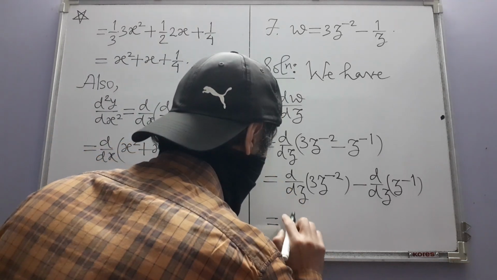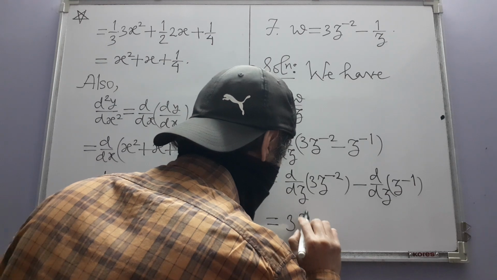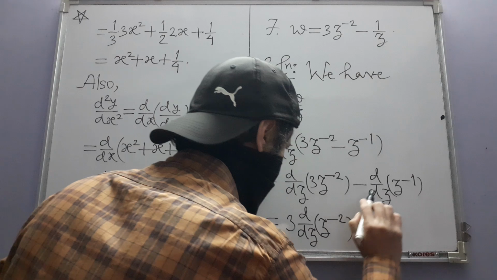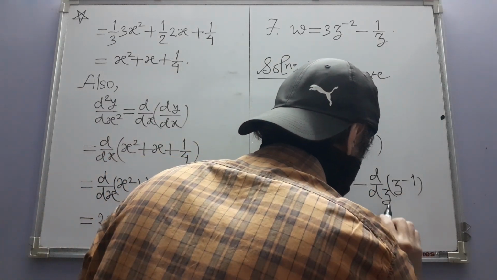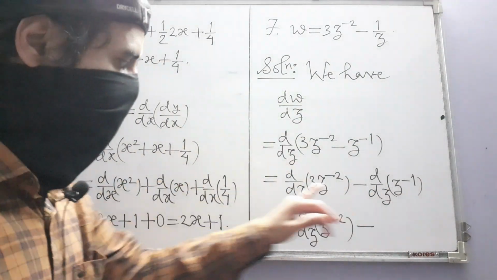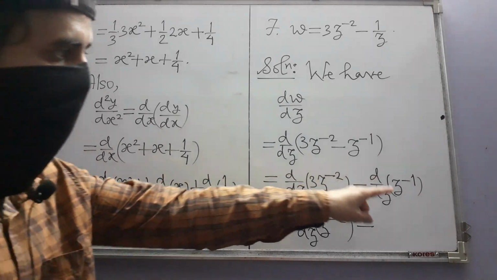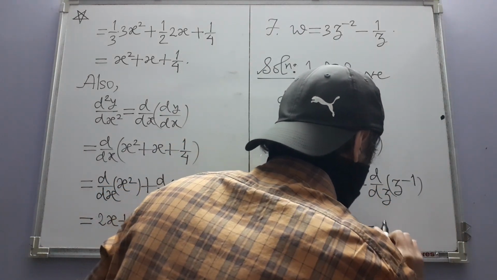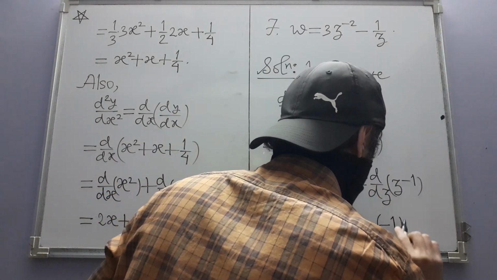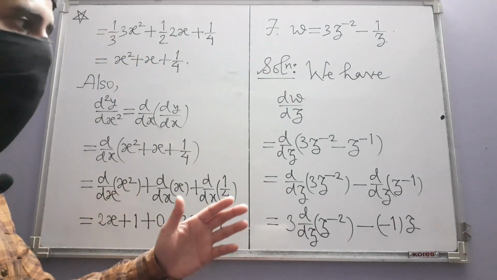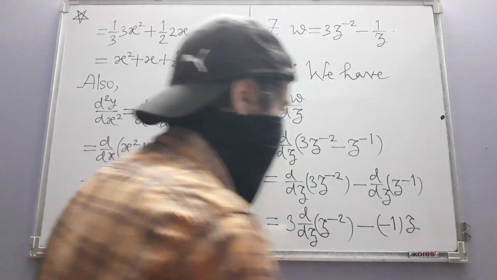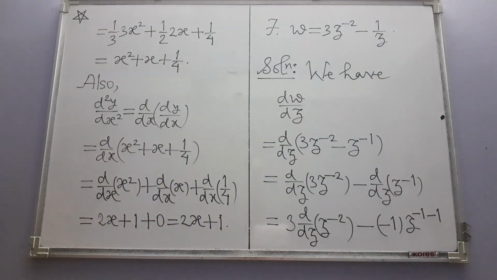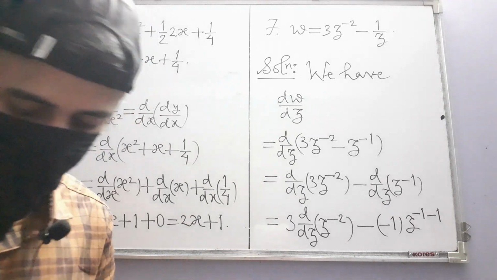So everything is okay. In the next step, 3 comes out. Here, however, we can just write the derivative. Whatever rule we have here, the rule has the exact same form. The exponent comes down, that means minus 1, and then you have to subtract 1 from the exponent. The exponent is minus 1, again minus 1. And a similar thing will happen here as well.